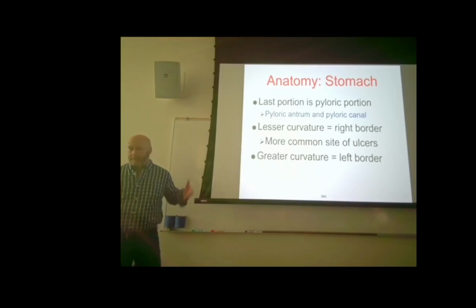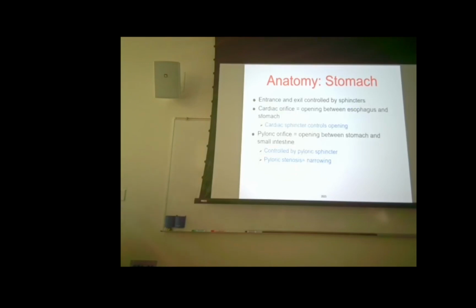The lateral side is going to be longer, so it's going to be your greater curvature. Okay, so we can have ulcers on either one of those. The lesser curvature is a more common site for ulcers, and also a more common site for ulcers that are suspicious for future cancer, stomach cancer.